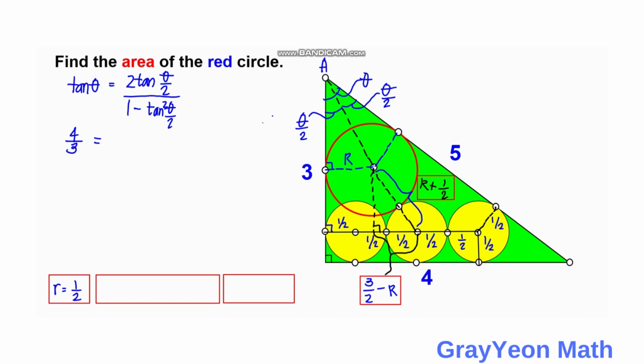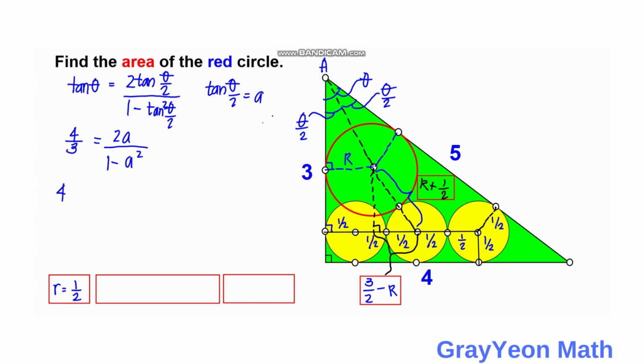We need to get the value for tangent theta over 2. So let's say tangent theta over 2 is equal to a. So this becomes 2a all over 1 minus a squared.